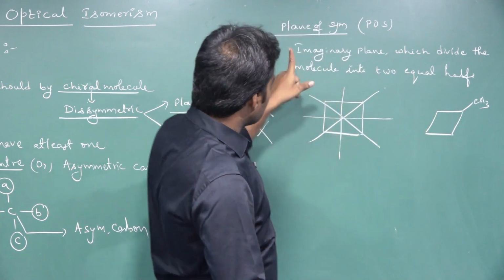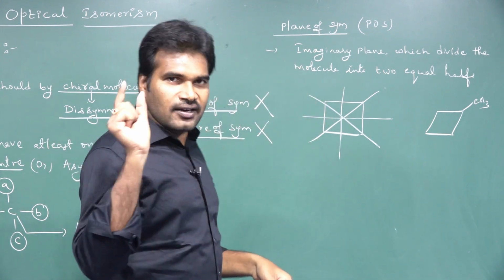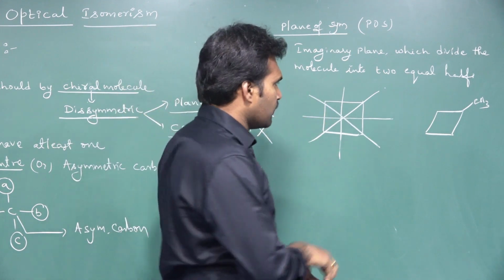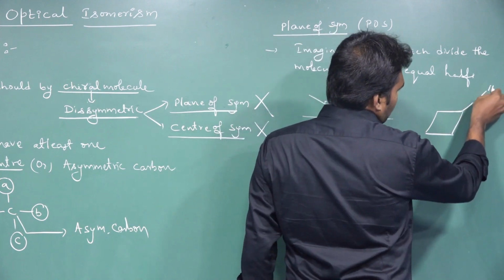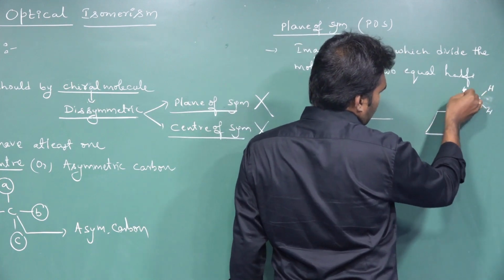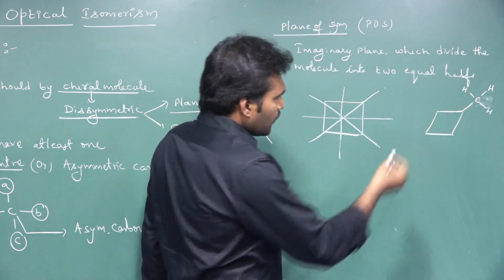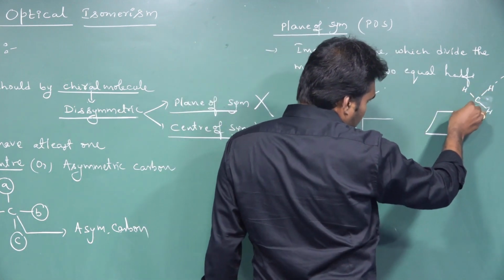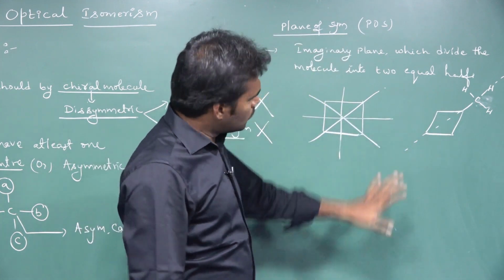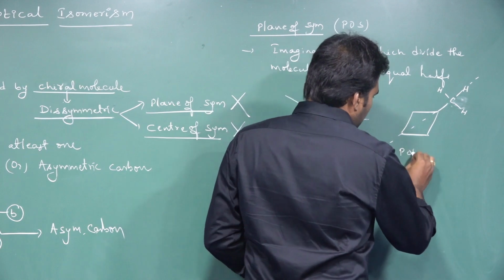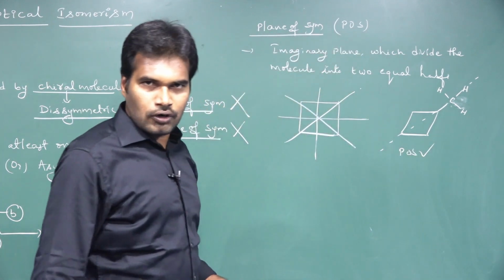But remember that it should have at least one plane of symmetry, one plane of symmetry is enough. See, CH3 I am writing as carbon, hydrogen, hydrogen, hydrogen. Now tell me, if we cut this molecule in this plane, we are getting two equal halves, right? So this compound is having a plane of symmetry, no doubt.